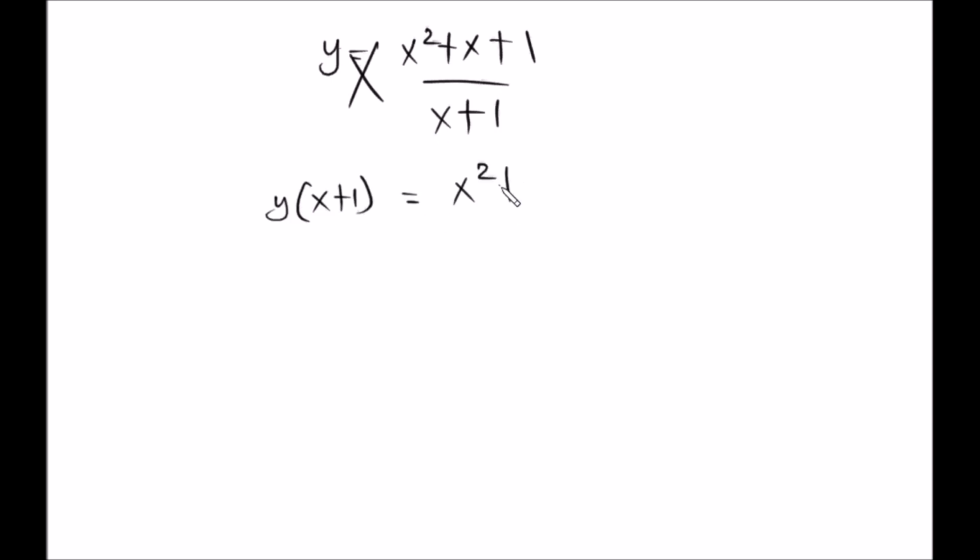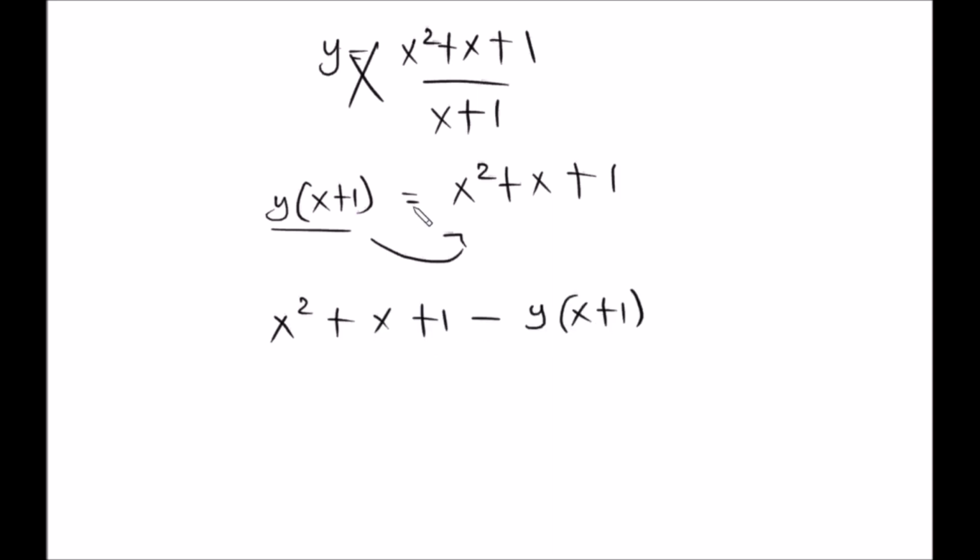So tumepewa hii equation hapa, y sasa na x squared plus x plus 1 over x plus 1. So hii equation nimekwambia ni quadratic, lakini ngoja sasa ni cross multiply ili ikae quadratic uamini. So itakuwa huyu times huyu ni y x plus 1 ni sasa na x squared plus x plus 1. Sasa huyu mlete huku sasa, tutakuwa tuna x squared plus x plus 1 minus y x plus 1, sawa, kuna iko sign sasa na 0.